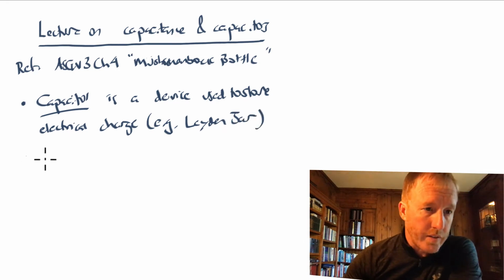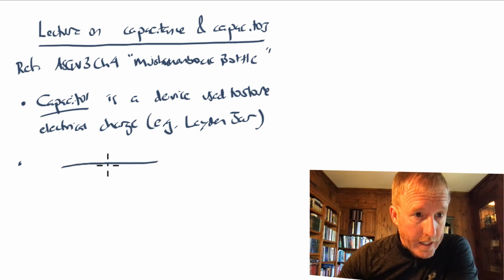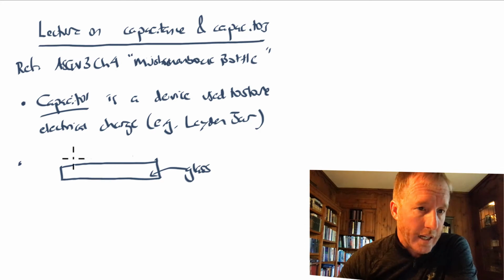At the end of the previous discussion, what Franklin had done is he had created what is now known as a parallel plate capacitor, which consists of a plate of glass. It doesn't have to be glass, but Franklin's version of it had glass, and then a metal plate on each side.